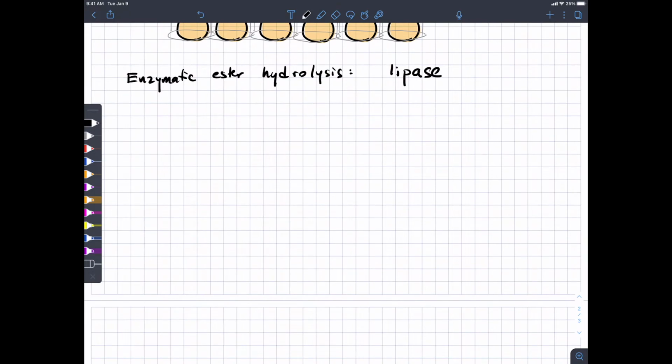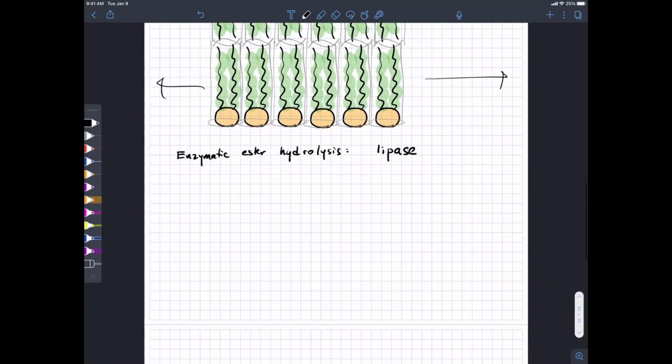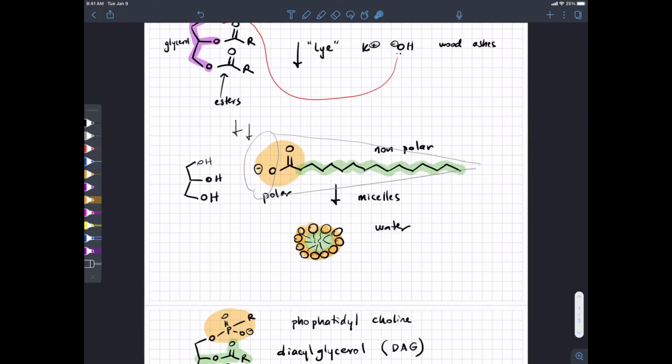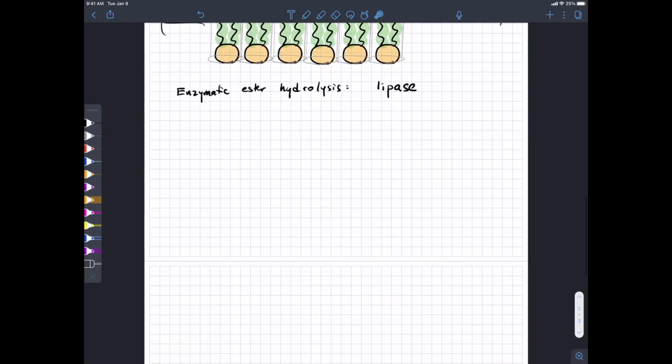Okay, so you know that the fat or oil molecule looks like this, right? For our purposes, if it's okay, I'm going to abbreviate these both as R groups to make it easier to draw.